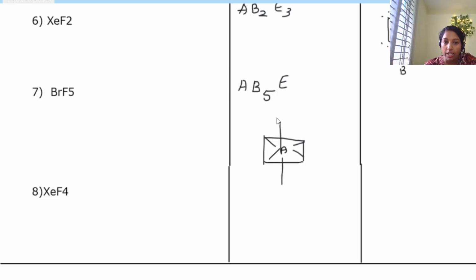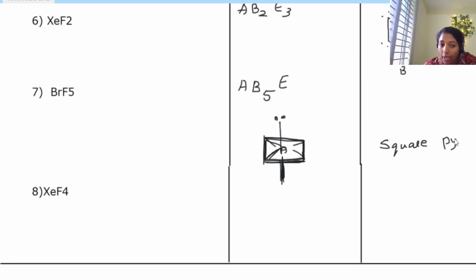But here one of the positions is a lone pair. Now look at the molecule. This is a square planar, and one is perpendicular to that plane. So that is what you call square pyramidal.